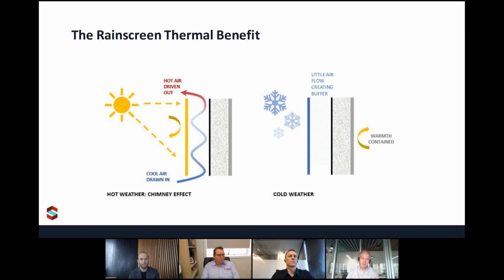As it's doing that, it's drawing in the cooler air through the base detail, and that's helping to cool the entire cavity. And on a cold day, you won't get that rising hot air. So the air will be stagnant inside the cavity, and that will sort of create a buffer and help to contain that warmth within the building.